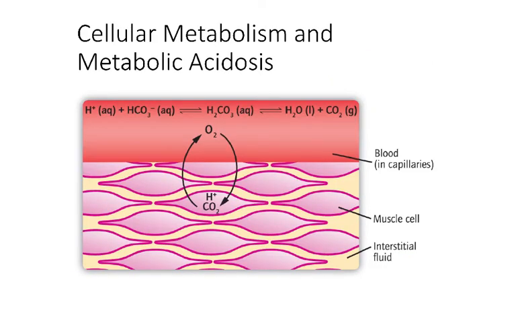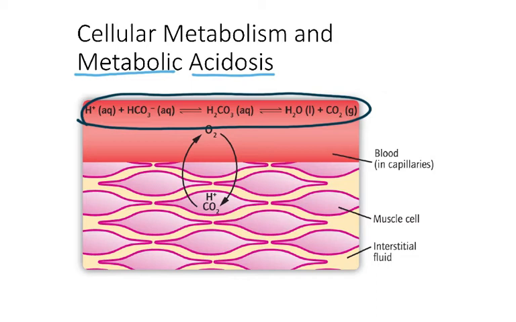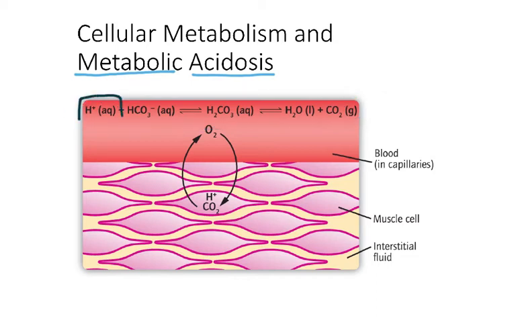So here's a look at how this can happen: cellular metabolism and metabolic acidosis. So metabolic is the mechanism through which acidosis can occur, and this is showing some equilibrium reactions across the top. Okay, and H plus right here is, when we talk about measuring acid, it's actually measuring the H plus. And so CO2 can be taken up in the muscle cell, or oxygen can be taken up and it can release CO2, and there's a cycle here.